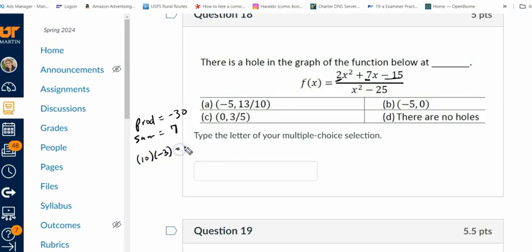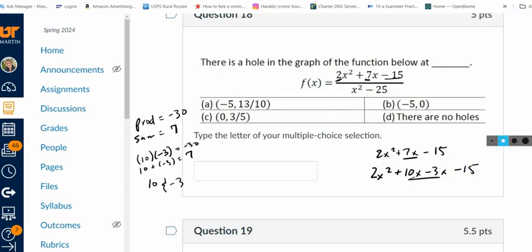Their product is negative 30, and then positive 10 plus negative 3 is 7. Okay, so instead of 7x, I'm going to replace that with 10x minus 3x, because my two numbers were 10 and negative 3.